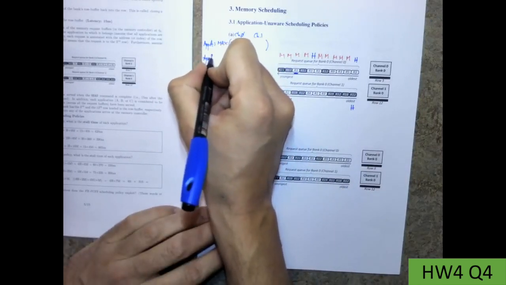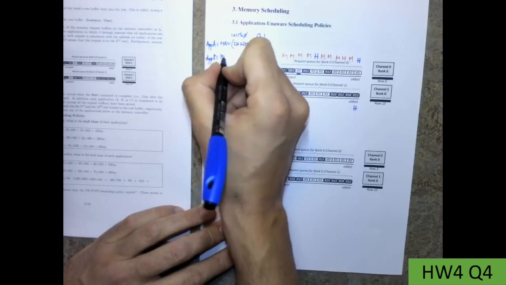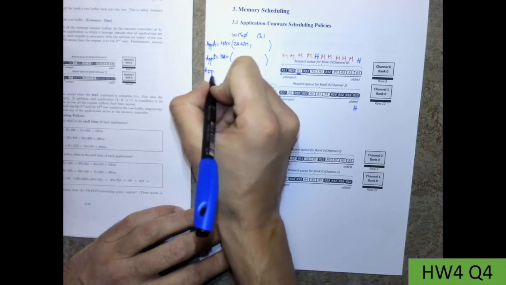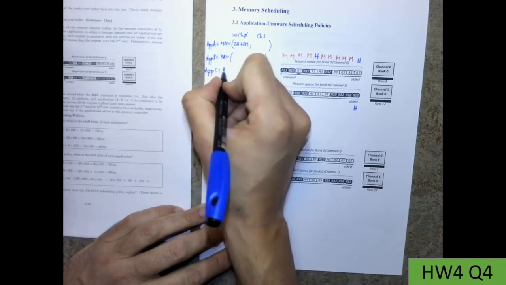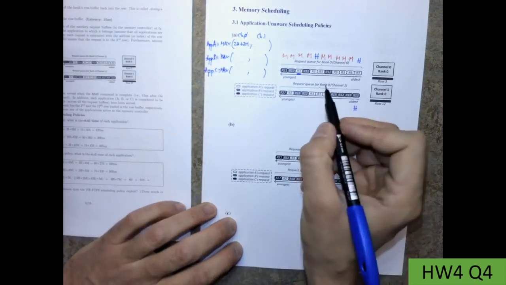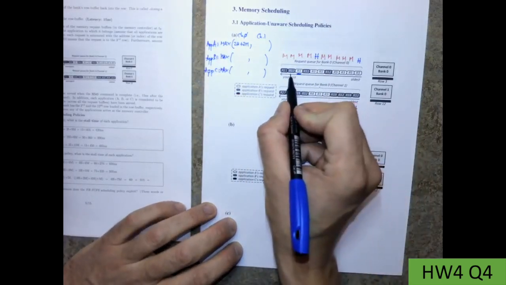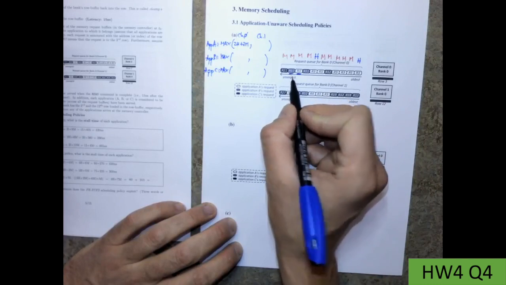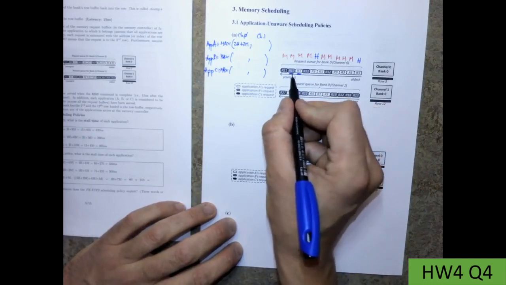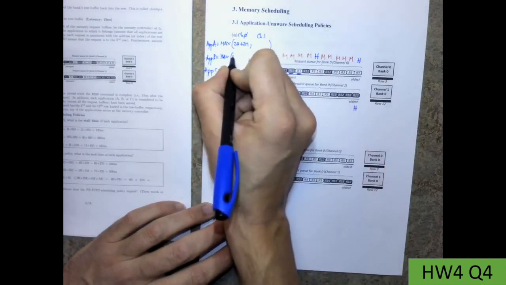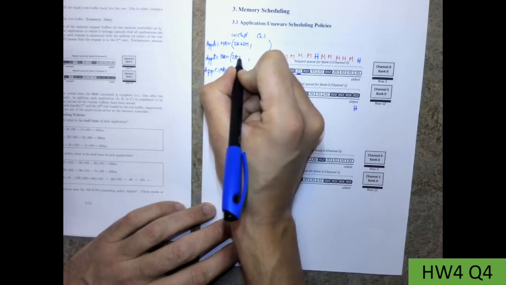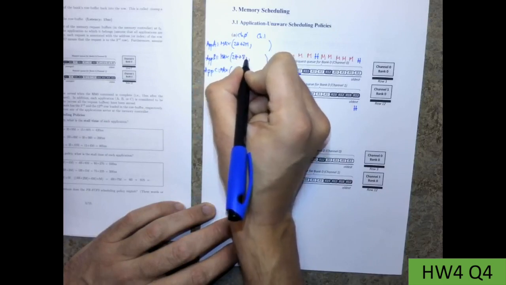For application B, again, the maximum of the 2 channels. For application C, it's also the maximum of the 2 channels. So we see that the last request from application B is this request to row 17. So essentially it's the same as application A, plus 1 more miss.